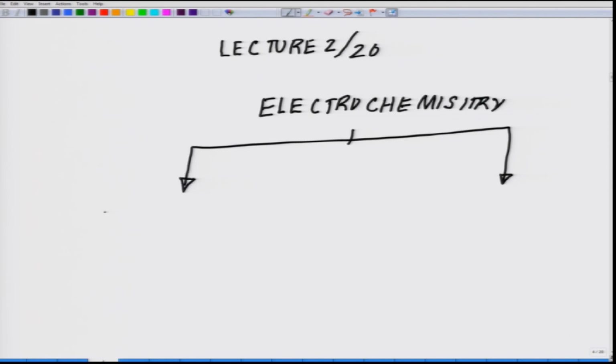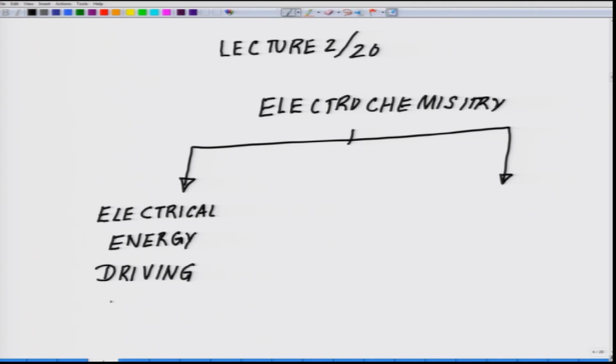So one is electrical energy driving chemical reaction.